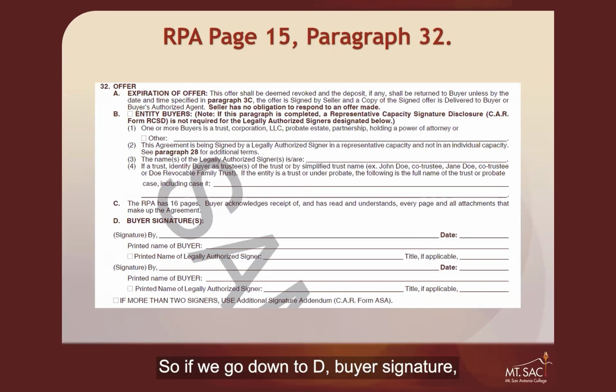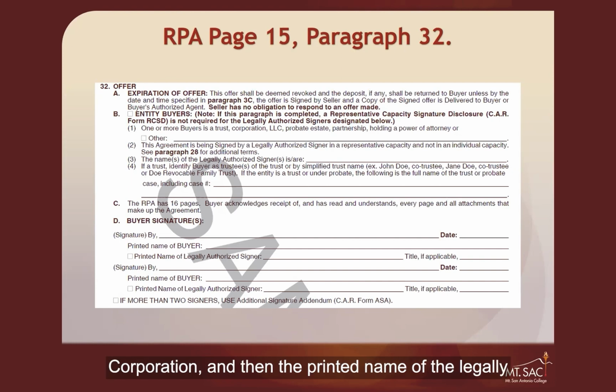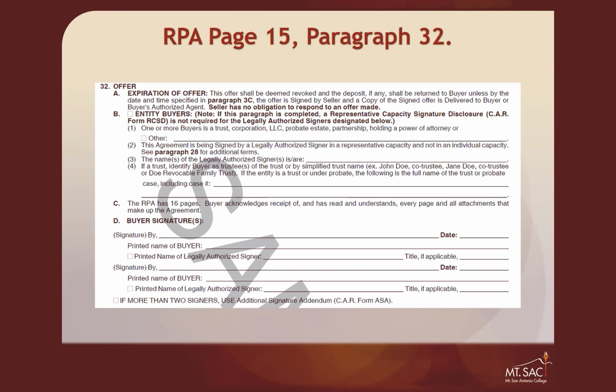So if we go down to D, buyer signature, you'll have the signature line or the person signing, then the printed name of the entity, okay? The Mount Sac Corporation. And then the printed name of the legally authorized signer, Edwin Estes. And then the title, Professor, right?